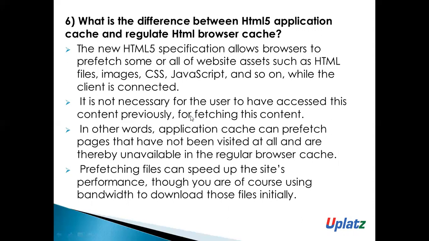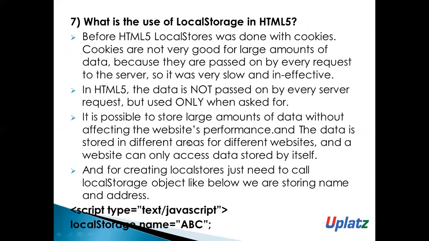In other words, the application cache can prefetch pages that have not been visited, which is unavailable in a regular browser. Prefetching files can speed up the site's performance, though you are of course using bandwidth to download those files initially. This is the main difference between the application cache and the HTML browser cache.